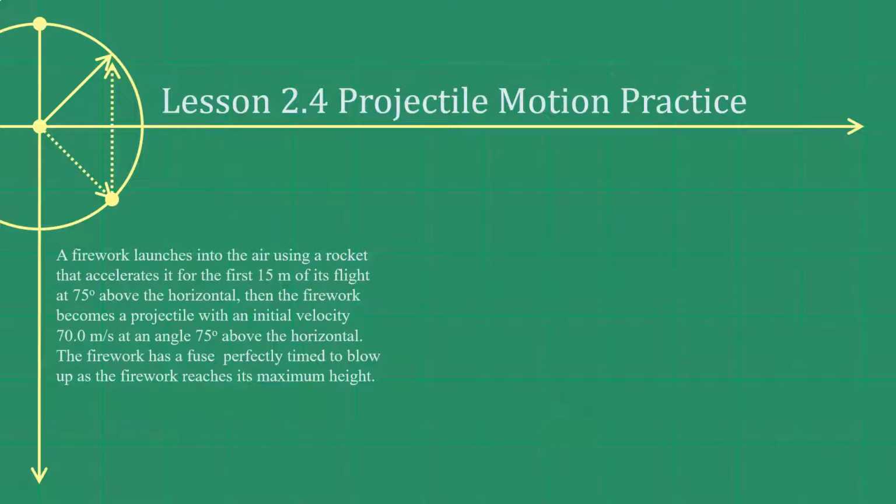And this is a rocket. And what should you expect from a rocket? Large explosive accelerations. So we're going to have a very large acceleration to begin. Our rocket is going to attain a very high speed in a short period of time with a large acceleration. That's what fireworks do. Once the rocket burns out, then this firework is going to move like a projectile.